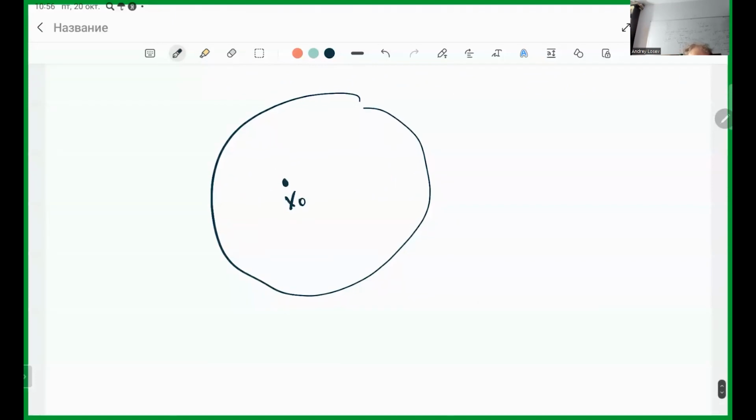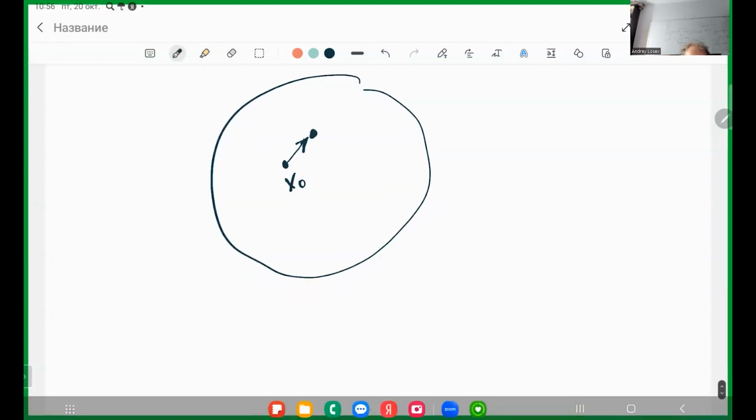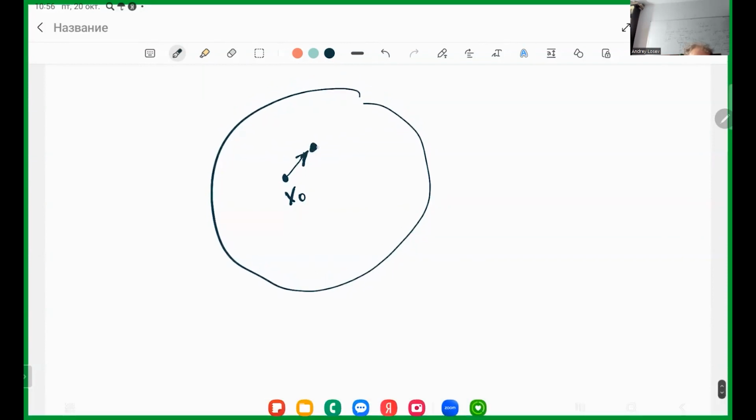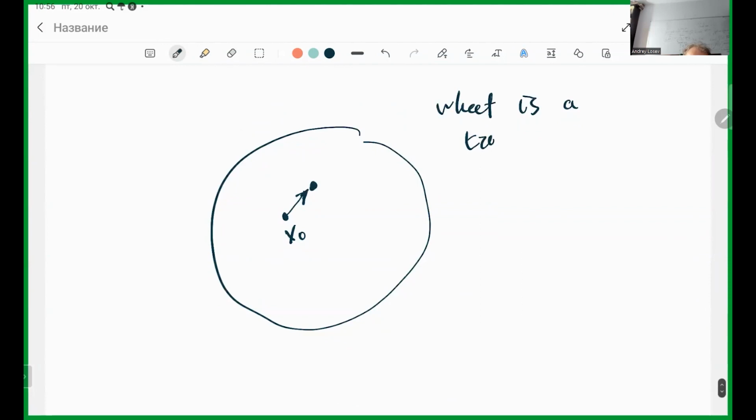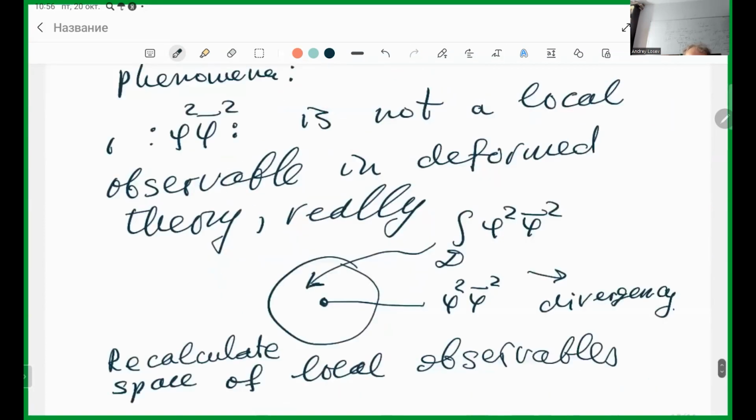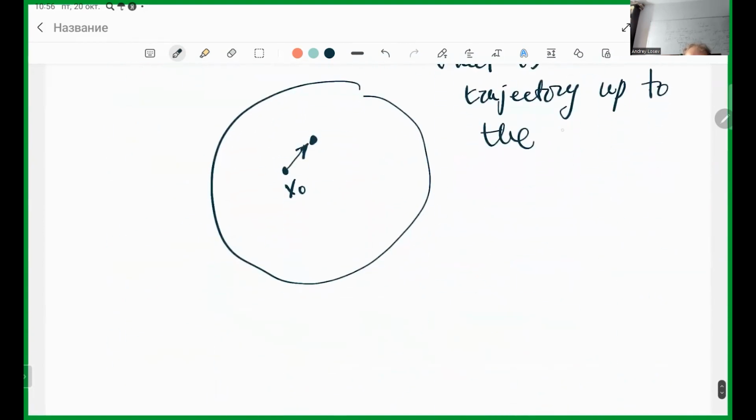With the help of the tangent vector, we go here. What does it mean, what is a trajectory up to the second order?